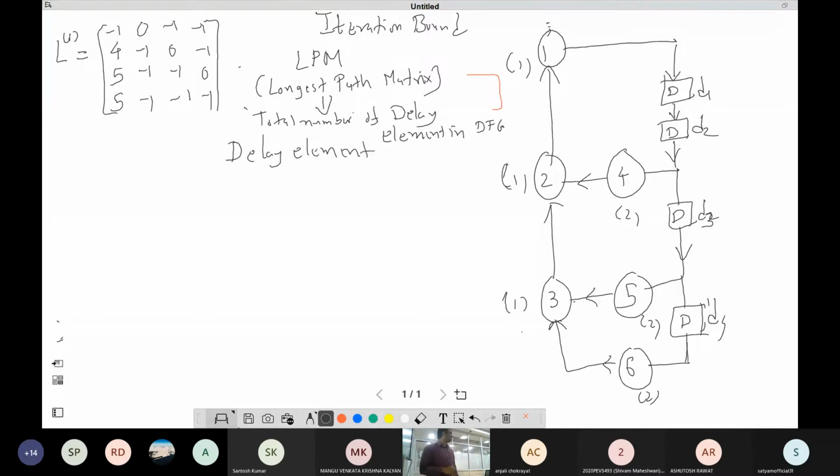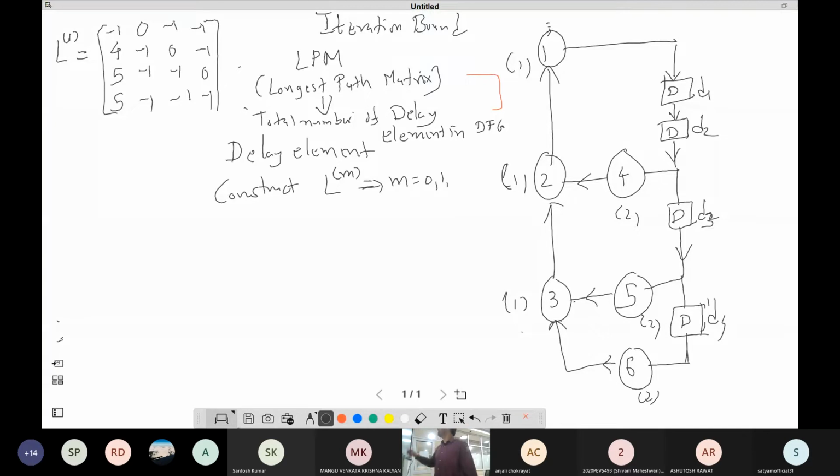How many delay elements do you have in this particular graph? Four. Four delay elements. Now you need to construct L raised to M, where M is 0, 1, or I think it is starting from 1.